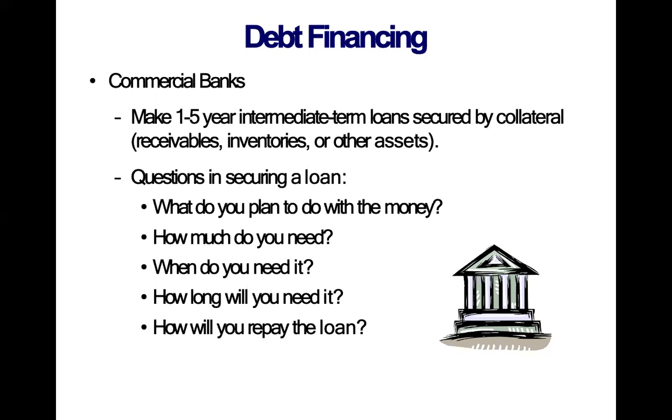Now, from where will we get debt financing? First is the commercial bank, where we can get a 1 to 5 year intermediate term loan secured by collateral. Collateral includes receivables, inventories and other assets. But before that, we have certain questions in mind. What do you plan to do with the money?